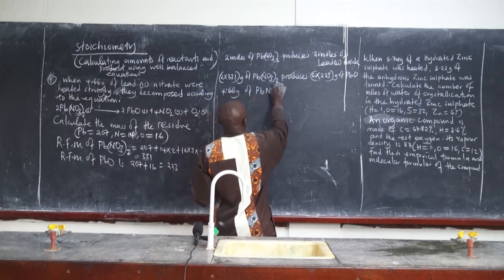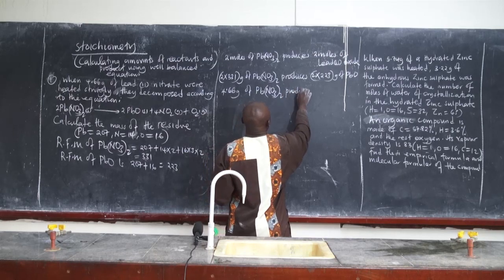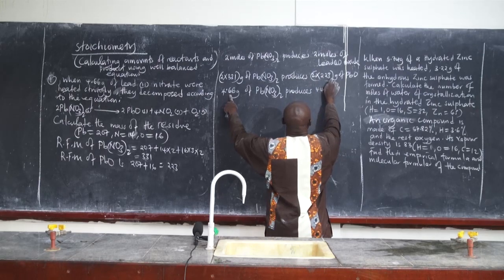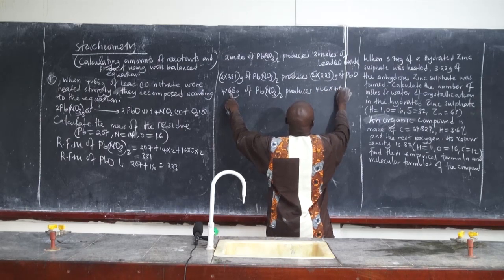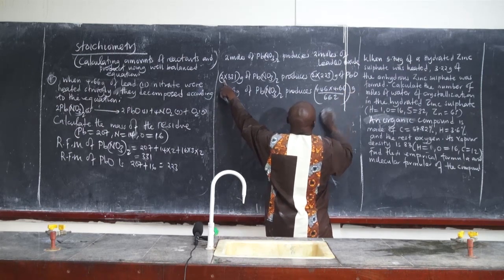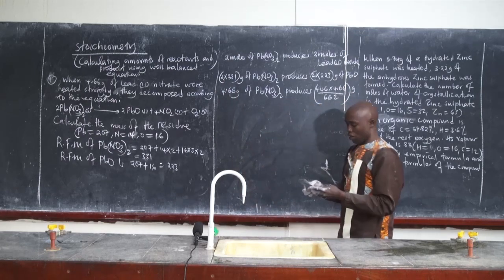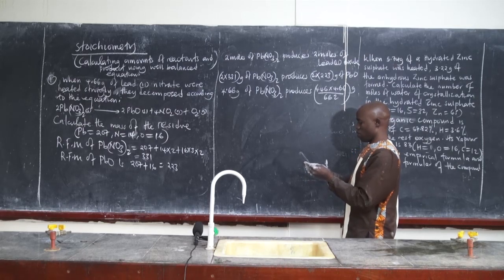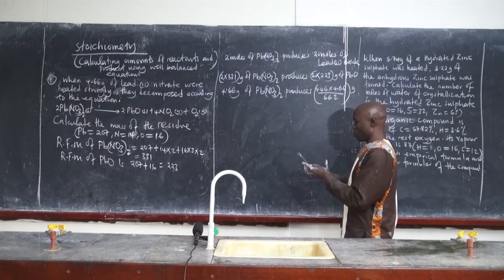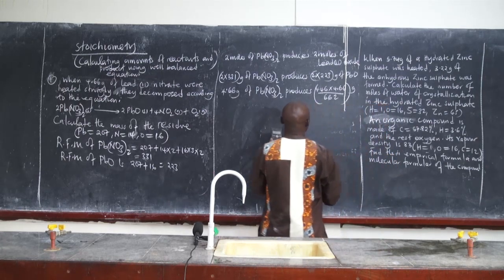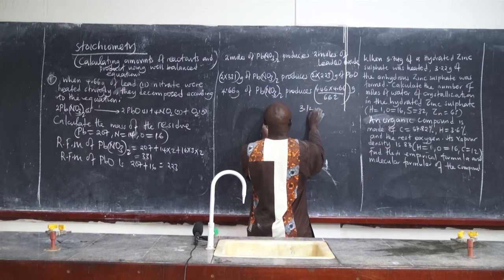Lead nitrate produces, just cross multiply: 446 times 4.66 divided by 662 gives us about 3.14 grams.